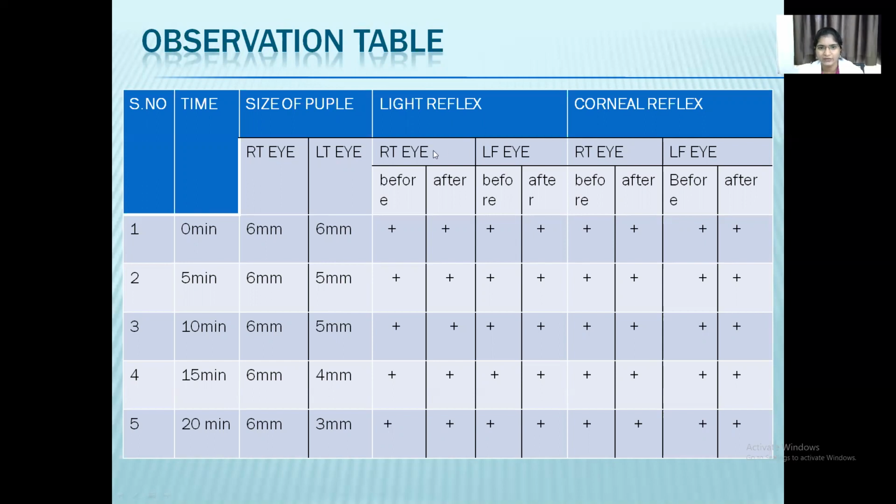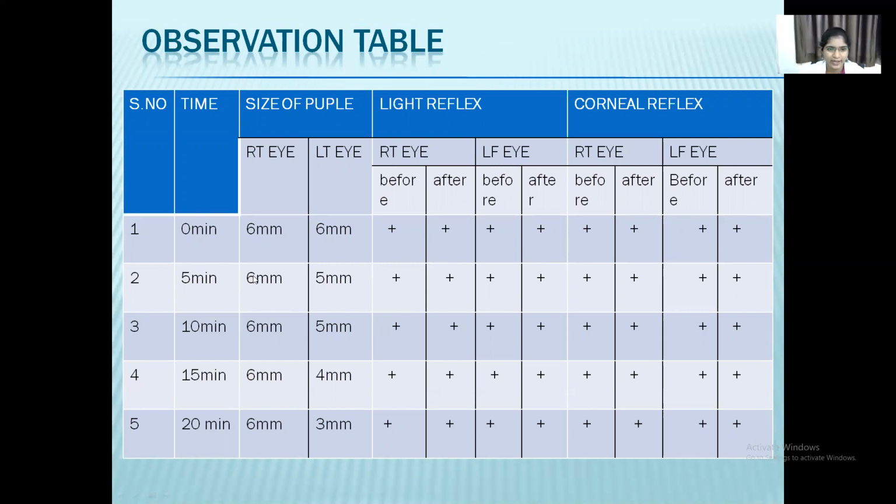Light reflexes are present in both eyes, and corneal reflexes are also present in both eyes. Then after 5 minutes you have to check again. What will happen? In the normal eye there will not be any change of pupil, and the left eye as a test eye will decrease the pupil size.